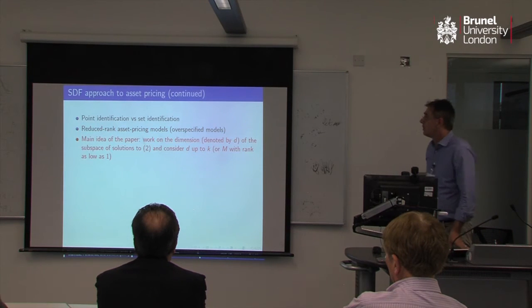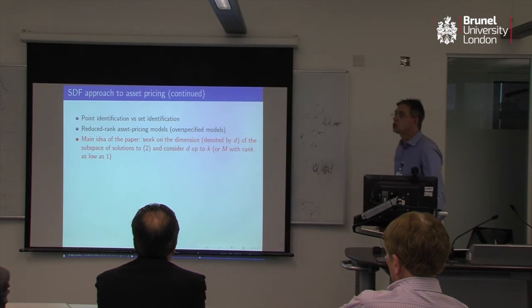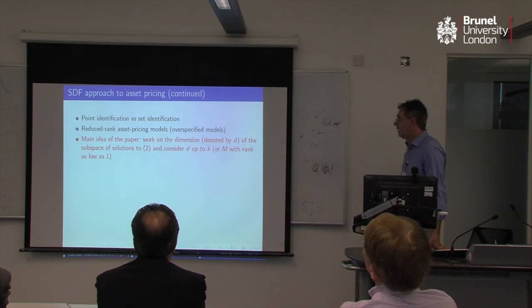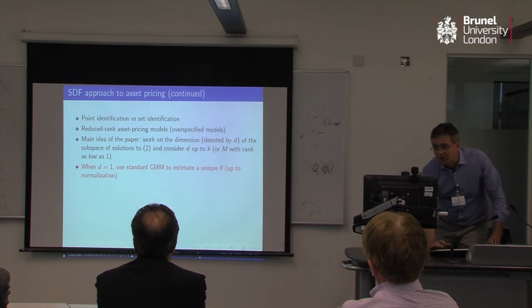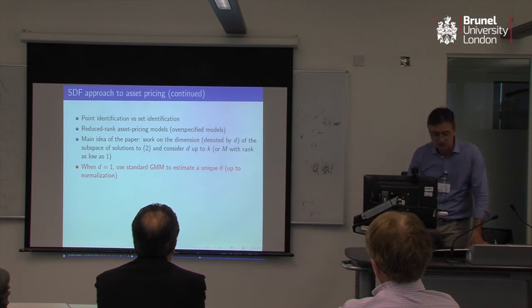So the main idea of the paper is to work on the dimension, denoted by D, of the subspace of solutions to the asset pricing restrictions and consider D up to K, okay? Or M with rank as low as 1. When D is equal to 1, you can use standard GMM to estimate a unique theta, of course up to normalization.